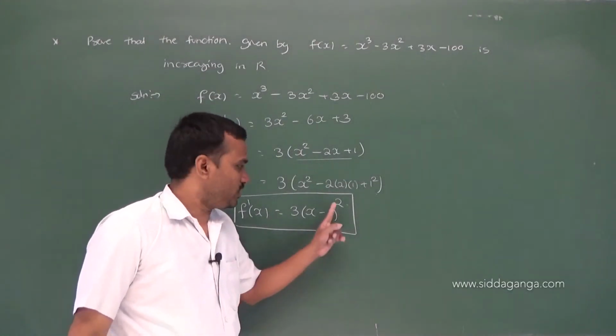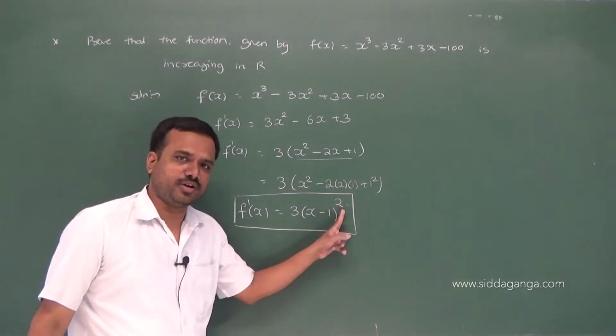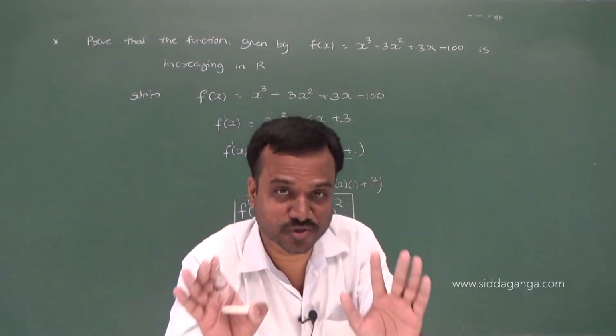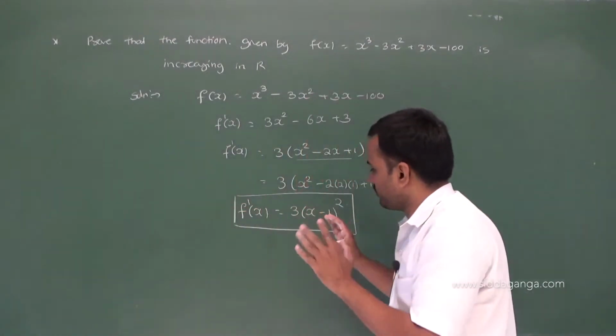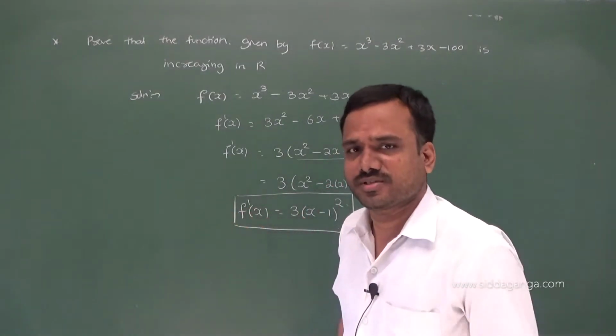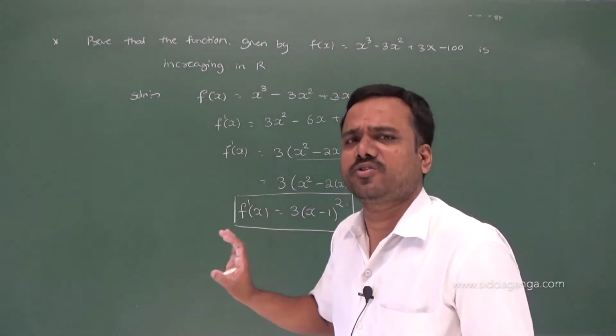Due to the square, f dash of x is always positive. So if you substitute any value from minus infinity to plus infinity, it is always positive or equal to 0.